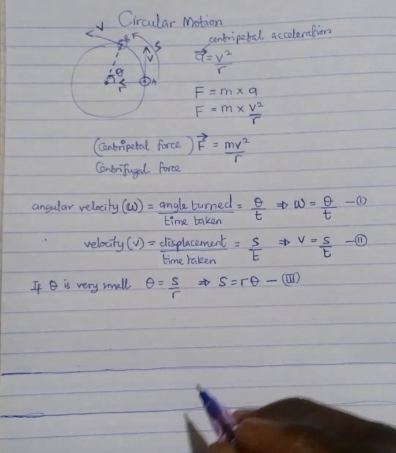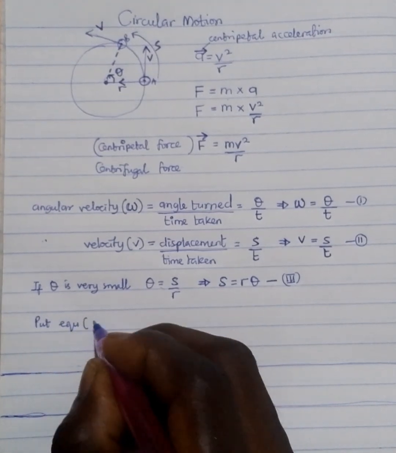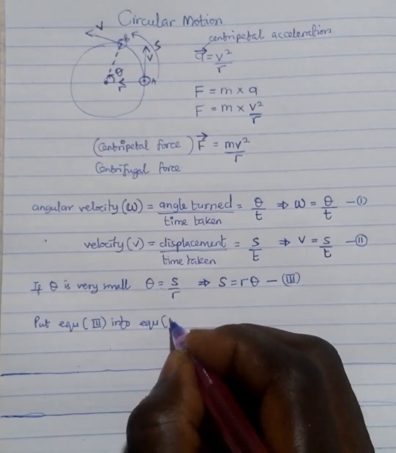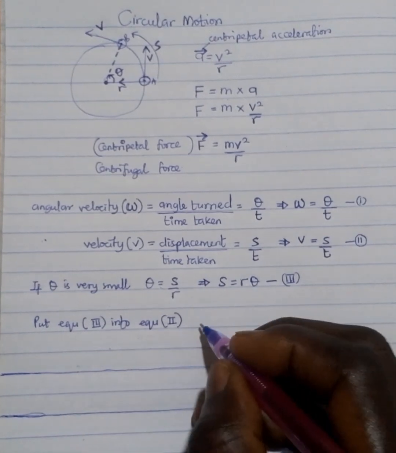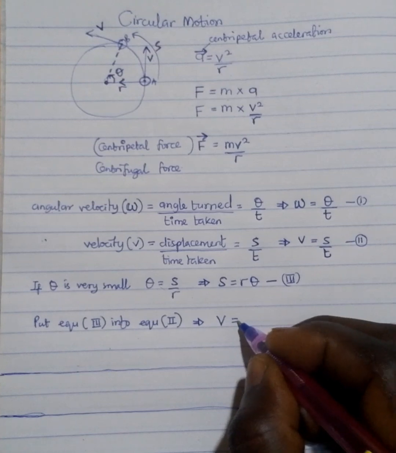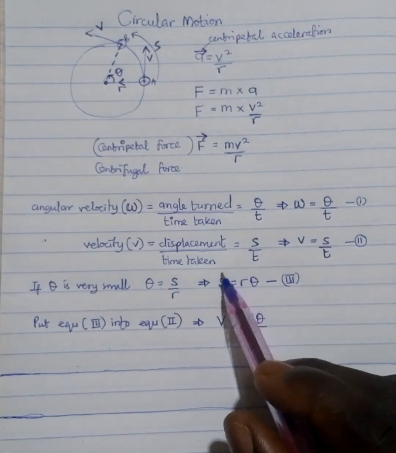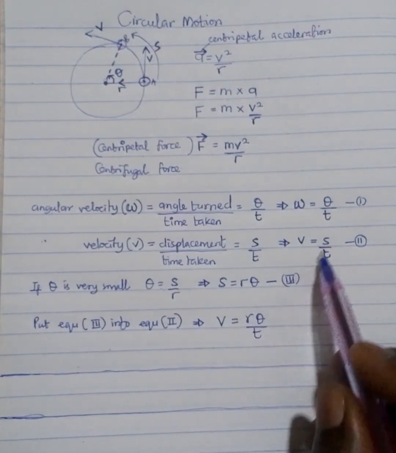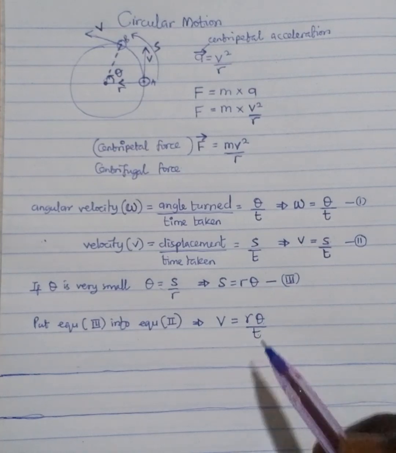If I put equation 3 into equation 2, I will have that v is equal to, instead of s, r theta, divided by t, divided by the time.